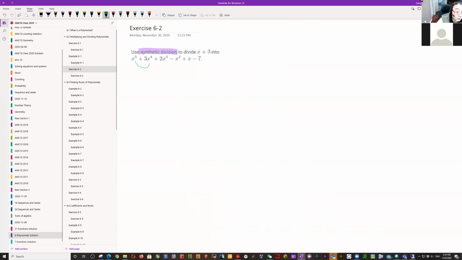So here, 4 to 5, there's nothing missing. It's just descending order perfectly. So we will write down the coefficients of this polynomial. It's 1, plus 3, plus 2, minus, this is 1, and plus 1, minus 7. And then we divide by x plus 3, which is actually equal to x minus negative 3.